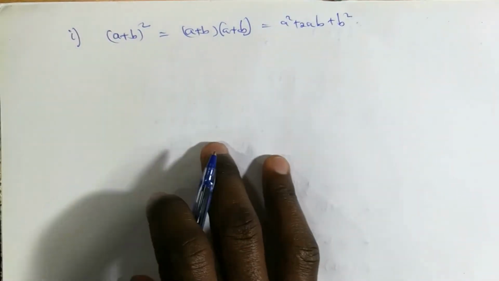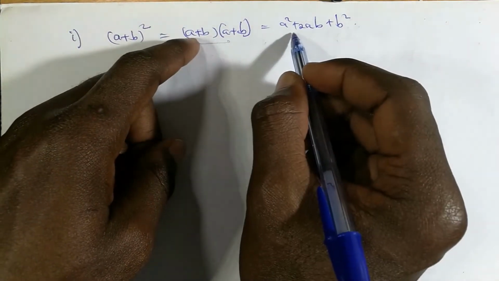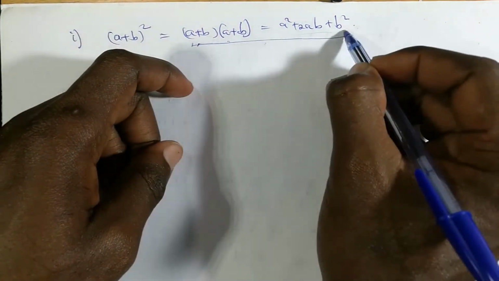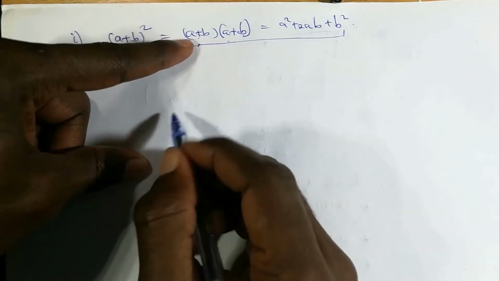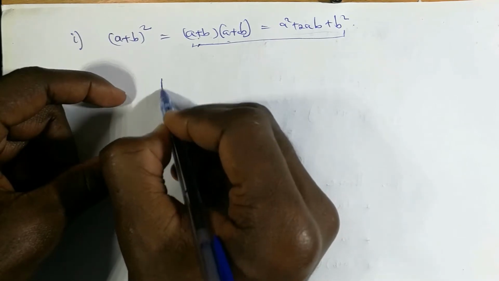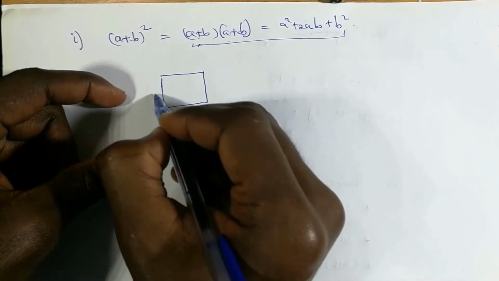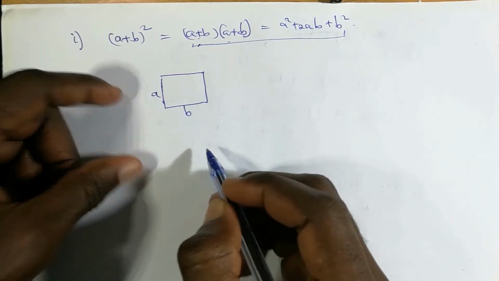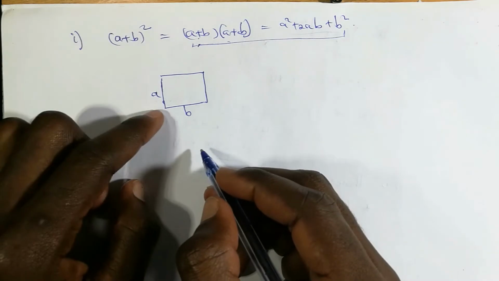Now we have to consider from here to here. That means we need to create a plus b. Let's create a here and b here.